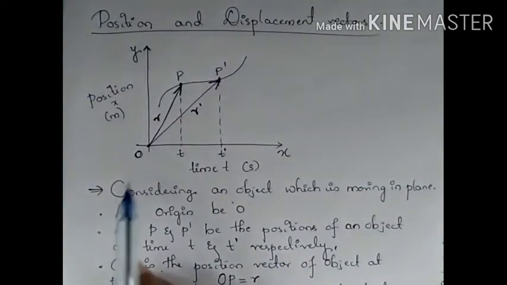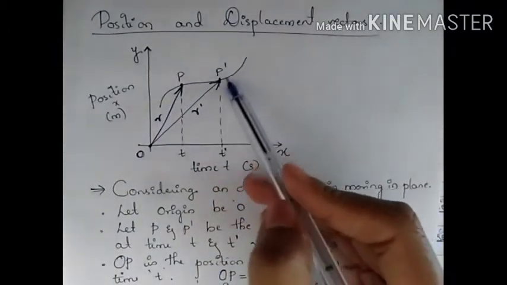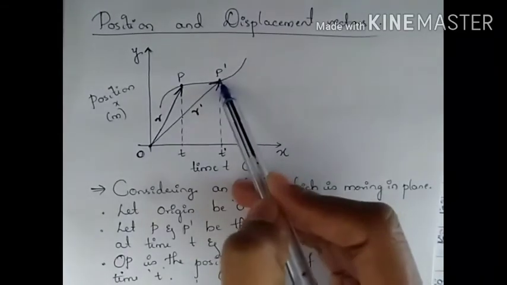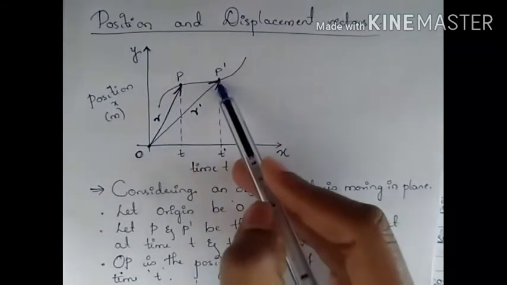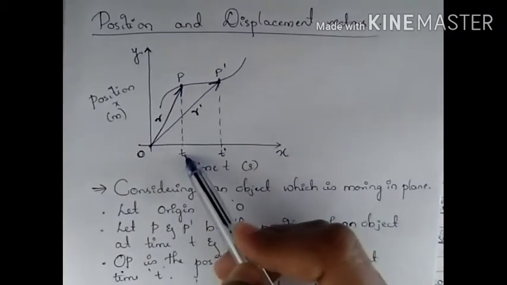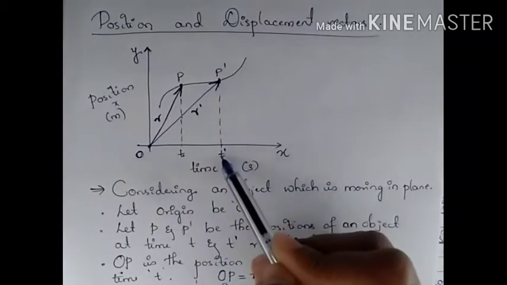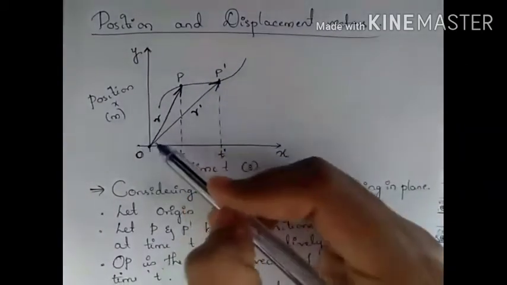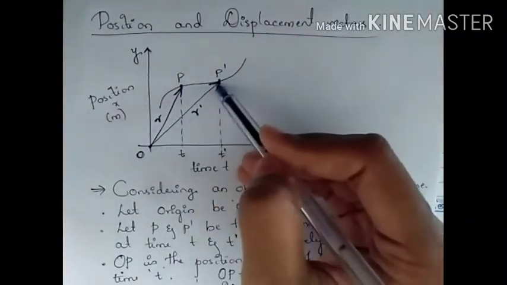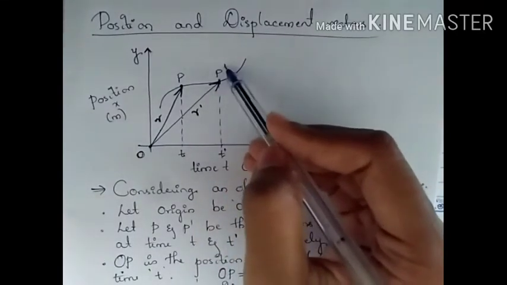So you have two position vectors for two position points of a body which is moving in a plane. So this is the origin, and the motion of the particle or object is like this. In this path you are considering 2 points, let's say P and P prime. P is the position of the object at time T and P prime is the position of the object at time T prime. Now you have drawn the position vector for point P and for point P prime.